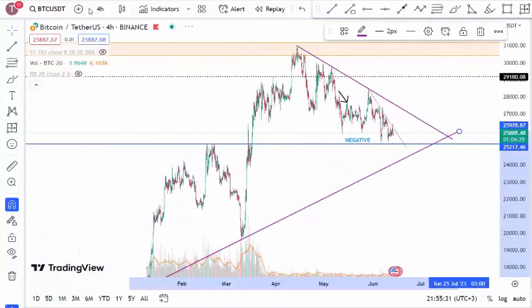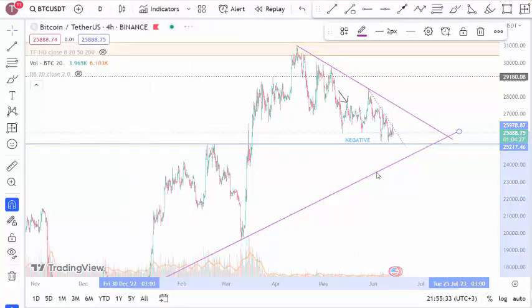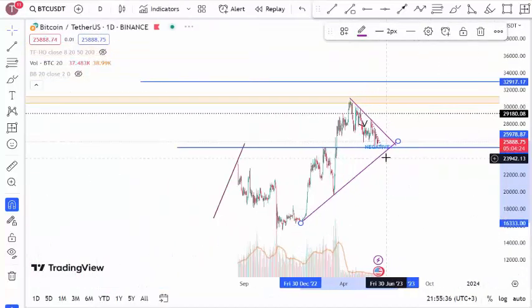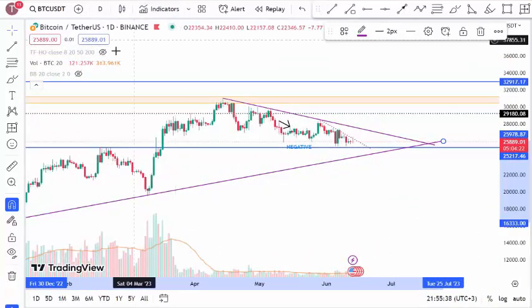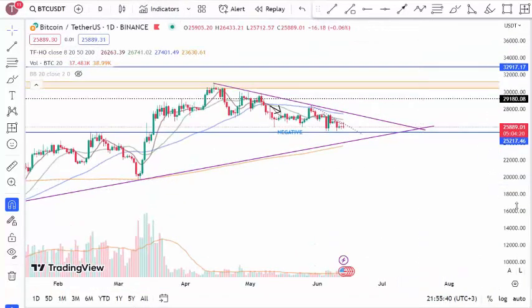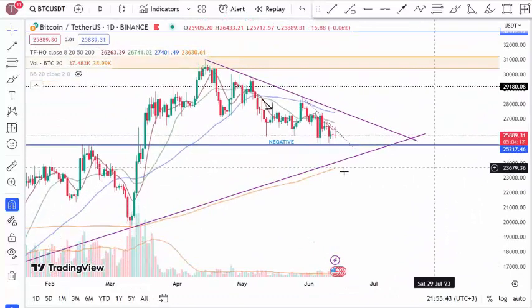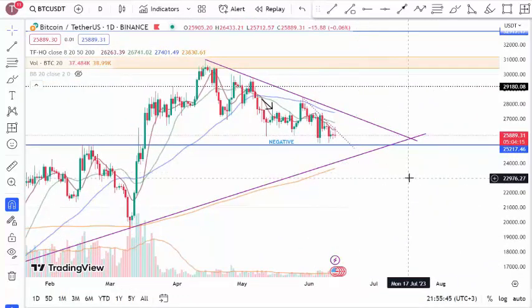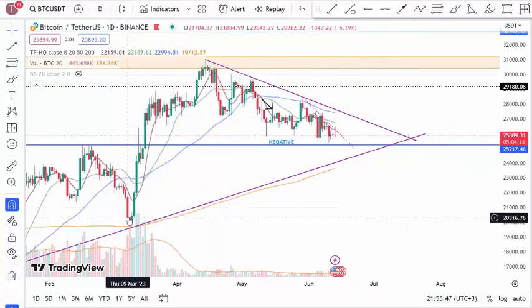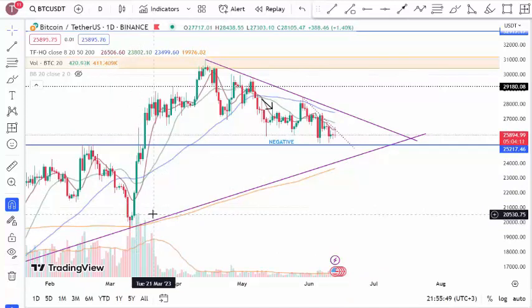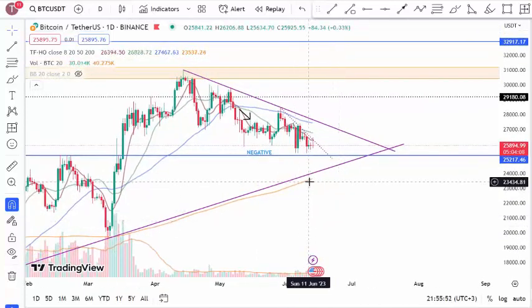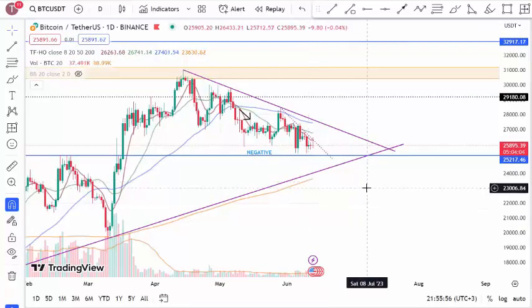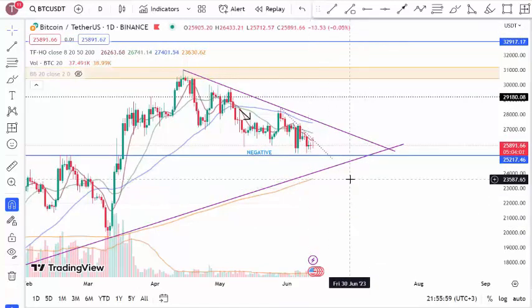If it breaks below that level, the price movements will likely drop towards the support level. In addition to the support level, if we look at the moving averages, the price will drop towards the 200-day moving average. The 200-day moving average is known to be significant as it has historically provided strong support. If the price holds above the 200-day moving average, it could be considered a buying opportunity.